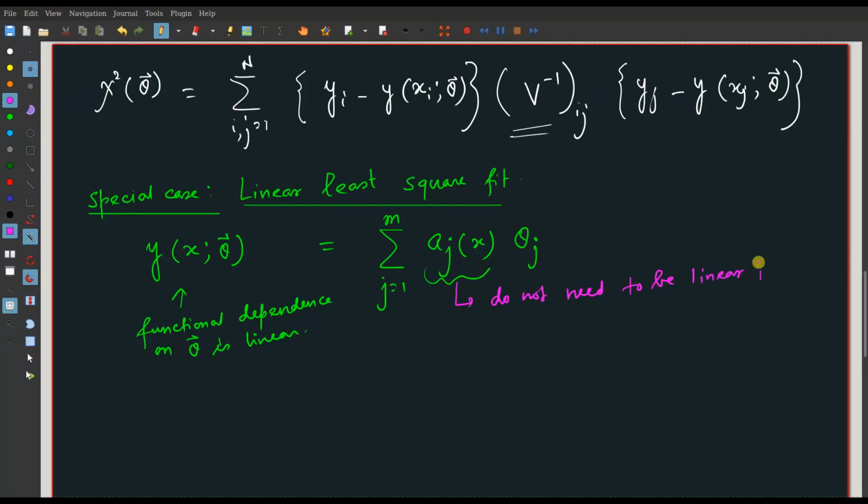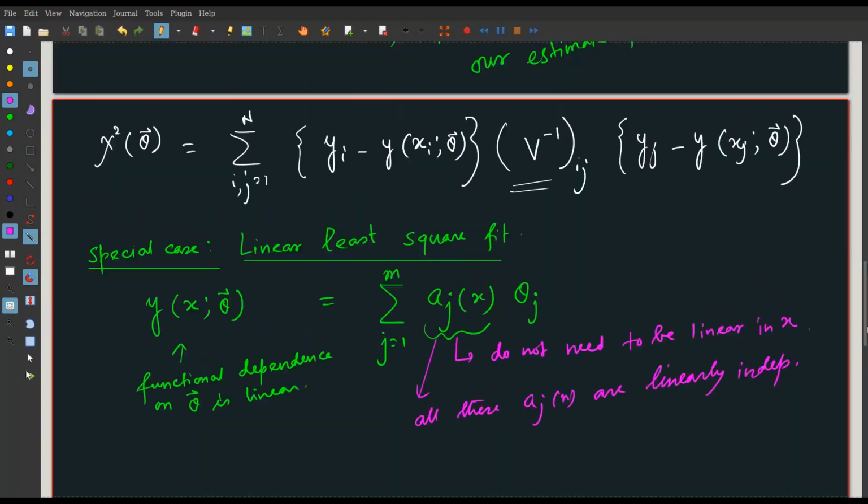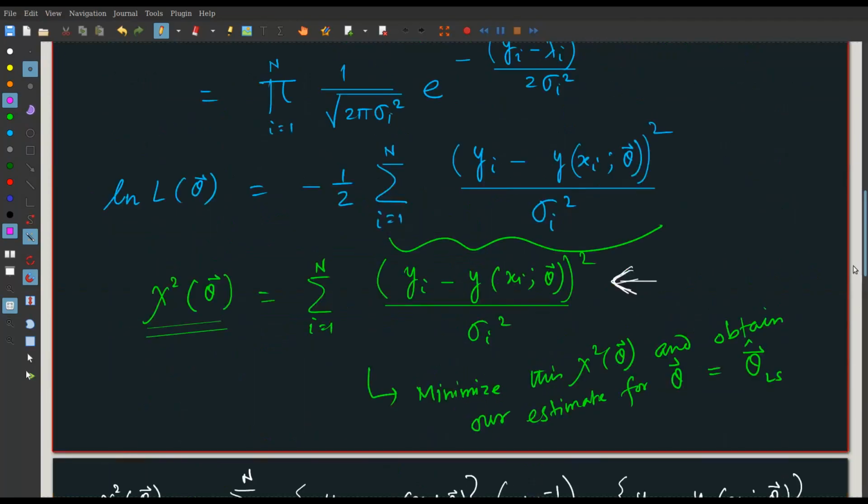The only thing we need is that all these a_j(x) are linearly independent.